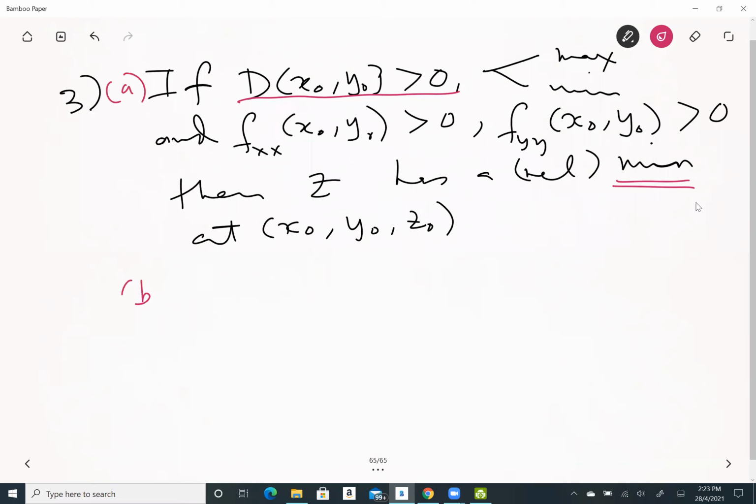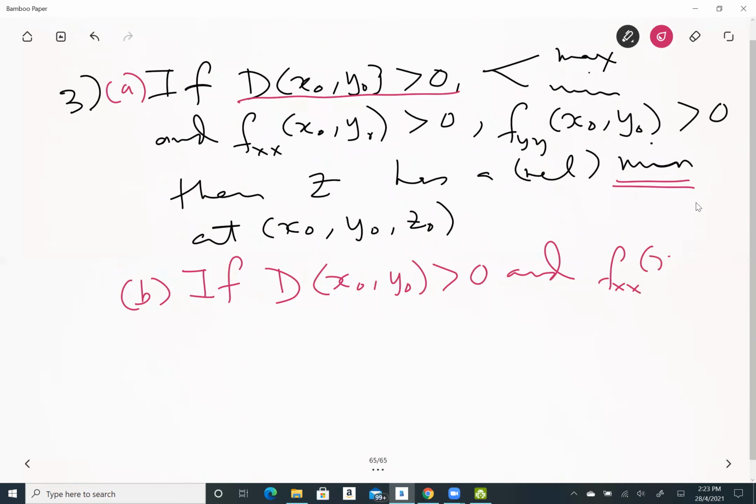Now 3B, for a maximum, if the value of D at x0, y0 is positive, we need to look at fxx and fyy. And fxx at that point is negative. Okay, and also fyy at the critical point is also negative.